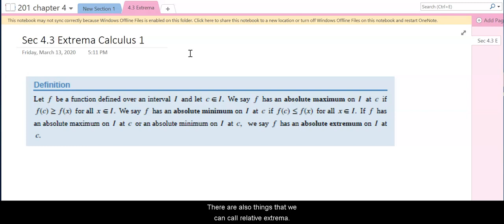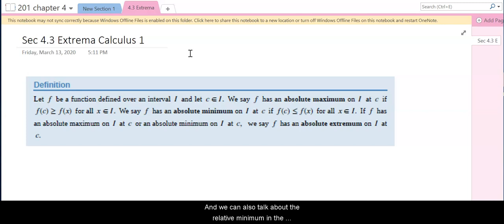There are also things that we can call relative extrema. For a relative extrema, this means that the value is not the absolute maximum or minimum, but it is higher than the ones around it. So, for example, the mountains in Colorado are all relative extrema. They are higher than the land surrounding them, but they are not the highest point on Earth. We can talk about the relative maximum for the United States, which I believe is Mount McKinley in Alaska.